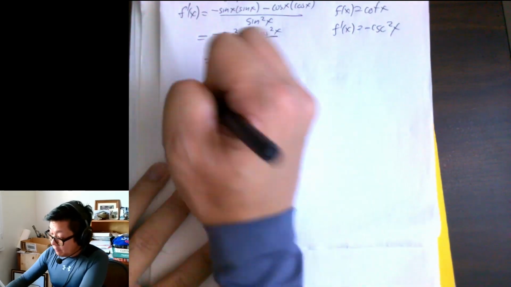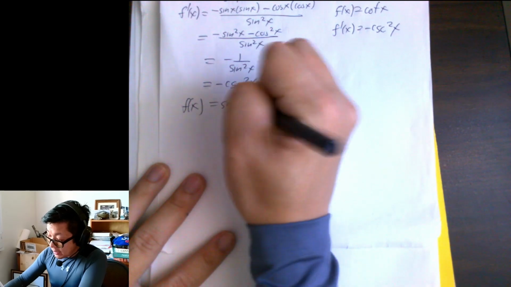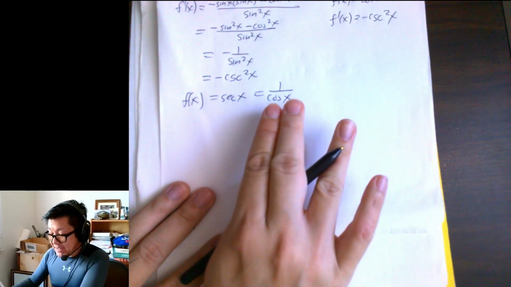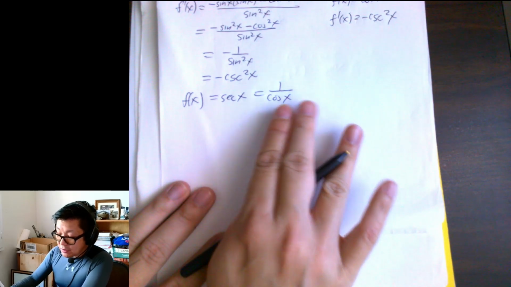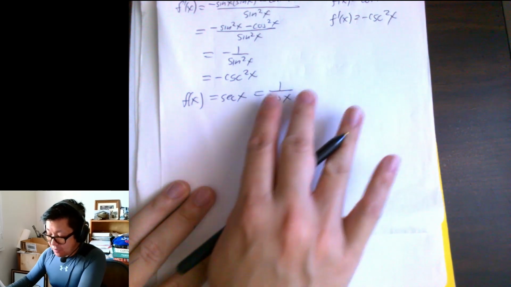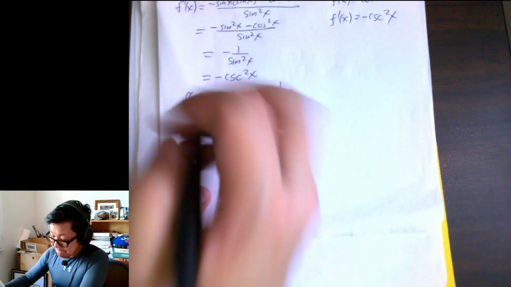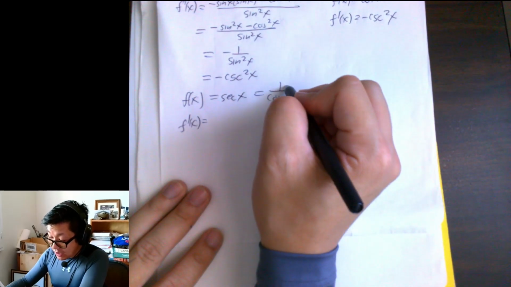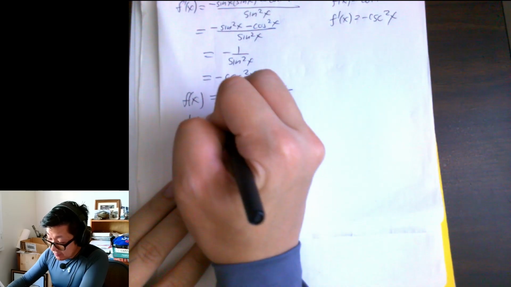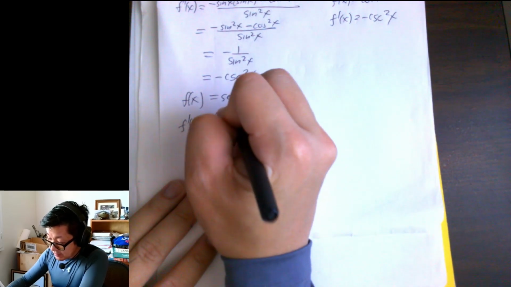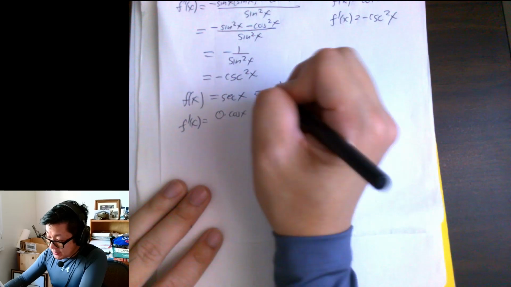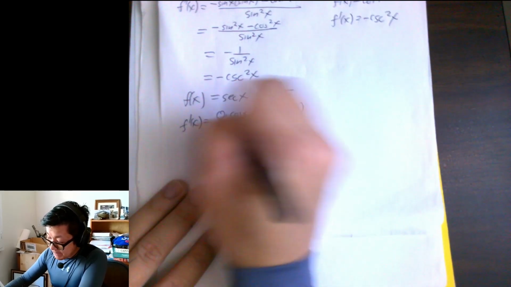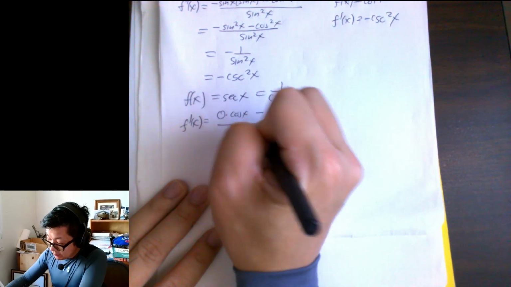Continuing along, what if our function is secant x? We can rewrite that as 1 over cosine x. Again, it's easier to derive this using chain rule. However, I'm going to use quotient rule here. So, derivative of the top is 0, because 1 is a constant, times the bottom, minus top times the derivative of the bottom, over the bottom squared.